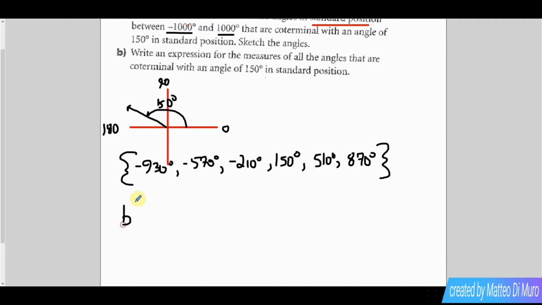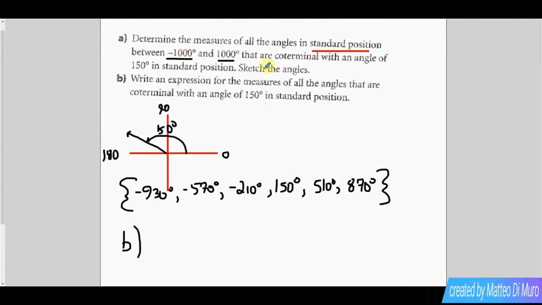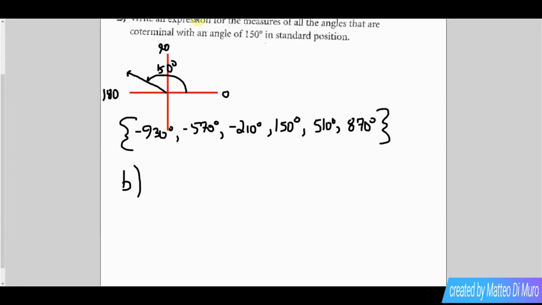Now, in part B, oh, well, one more second in part A. They say sketch all the angles. Let's not sketch all of them, but let's do, say, 510 degrees. If I was to sketch that, I'm starting here, I'm adding another 360 degrees to get back here, and 150 plus 360 is 510 degrees.